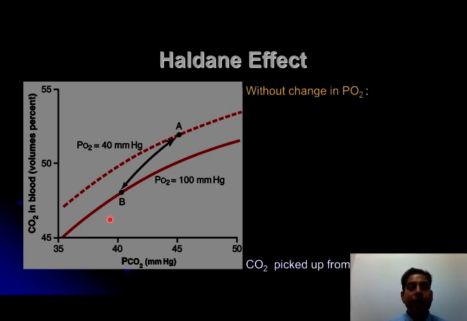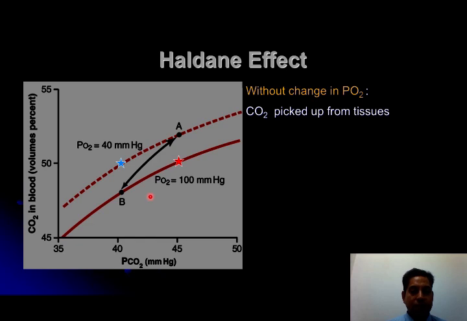So without a change in the PO2, carbon dioxide picked up from the tissues will go from here to here. The amount released from blood at the lung would be only 2 ml, which we are looking at in this graph here. So without any change in the oxygen, the fall would only be 2 ml, that is from 52 to 50.